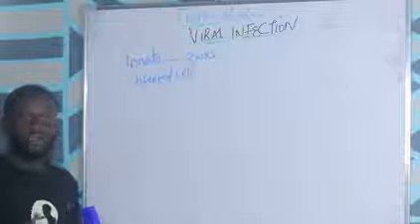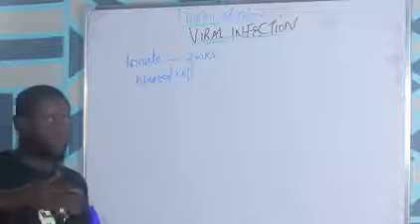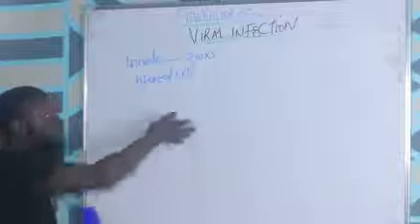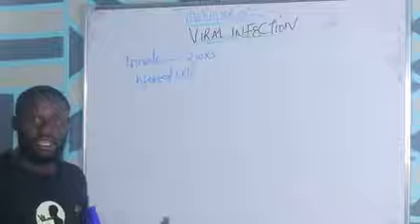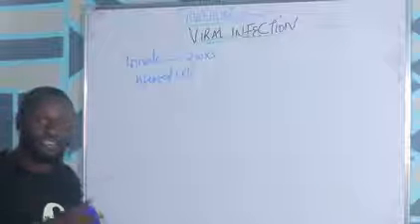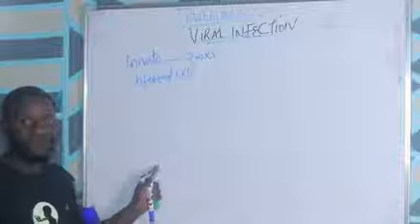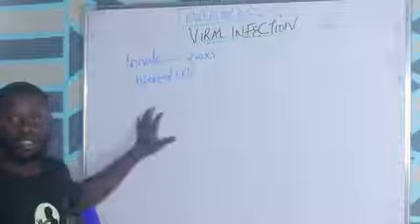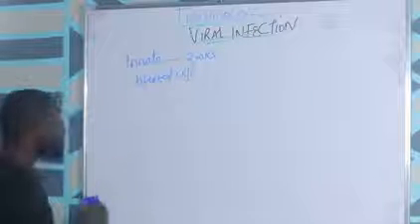But how does this particular movement of the innate immune response tend to ignite or activate the adaptive immune system? So we are now going to be talking about the adaptive immune system.